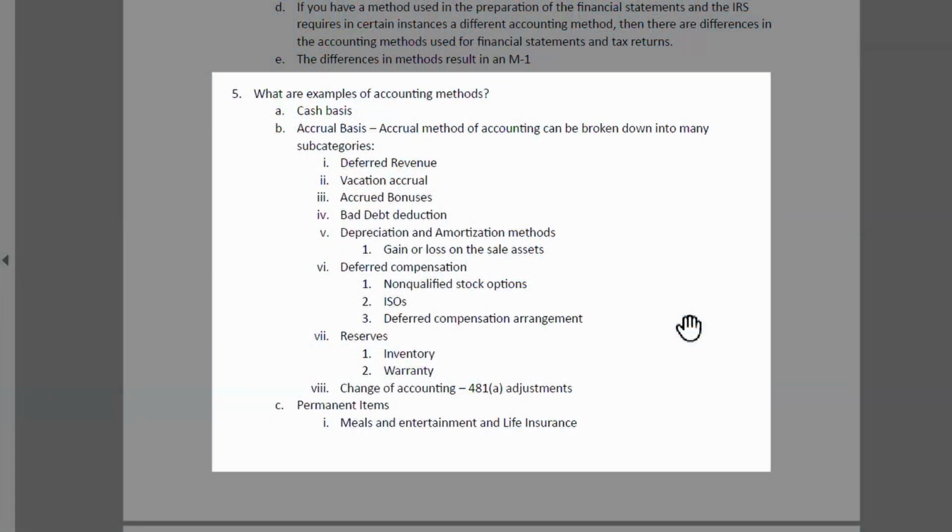What are examples of accounting methods? A, cash basis. B, accrual basis.